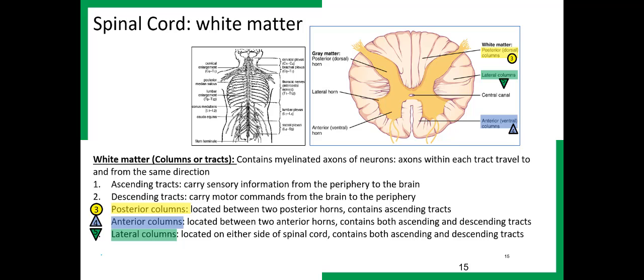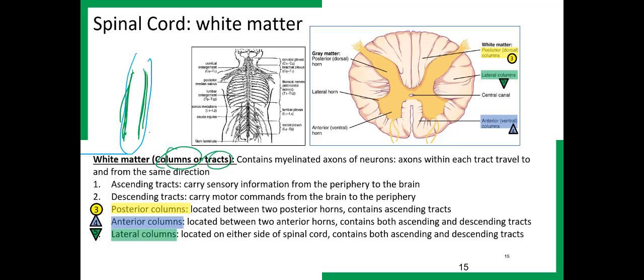When we look at the white matter, there are bunches of myelinated axons called tracts or columns, and the axons within each tract or column travel to and from the same direction.